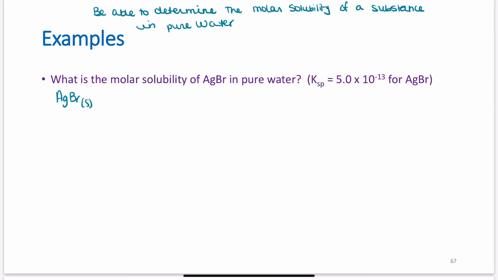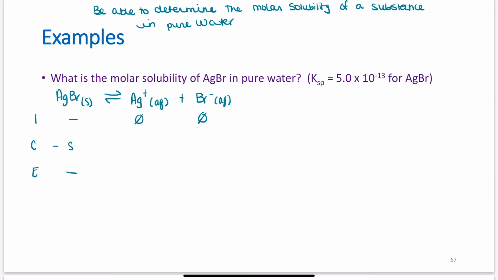AgBr, solid, in equilibrium with Ag+ aqueous plus Br- aqueous. I don't really care. I'm just going to write minus S under the AgBr to show where the S is coming from. I don't have any Ag+ or Br- to start.